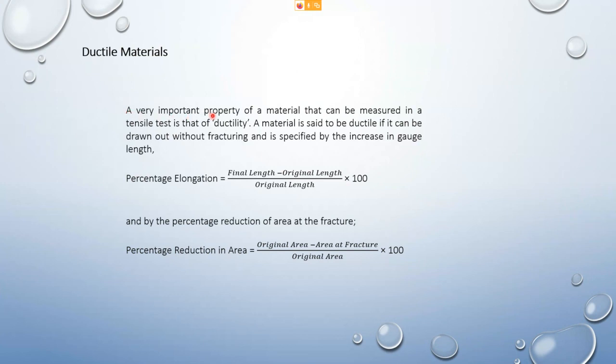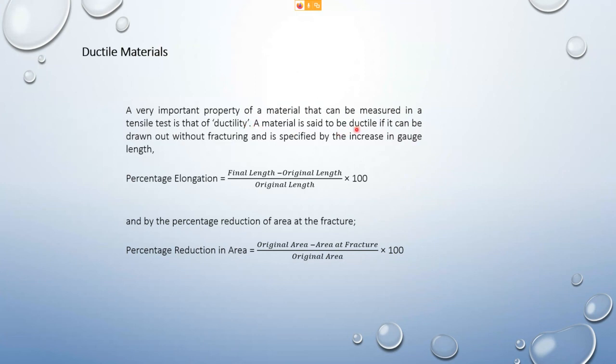Now, a very important property of a material that can be measured in a tensile test is ductility. I repeat once more, ductility is the ability of the material to be stretched out in length. I hope some of you have done the properties of materials. Actually, properties of materials is very important for you before you do this subject. If you have done that subject, it is much easier for you to understand what ductile, brittle, and so on mean.